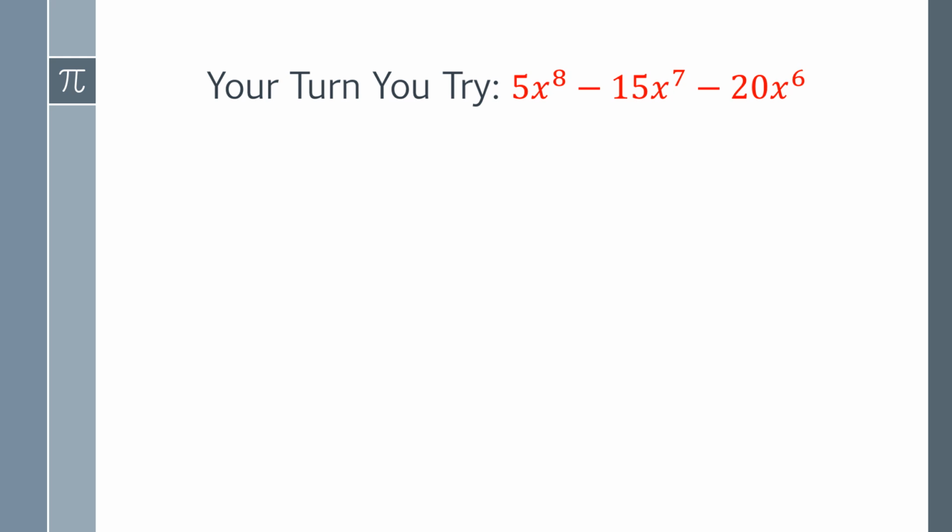So let's do it. Did you get the greatest common factor? 5x to the power of 6, good job. And did you factor? Now this is a problem which you guys have to be careful on. If you did not get this answer, remember, you must use your distributive property to see what you get.